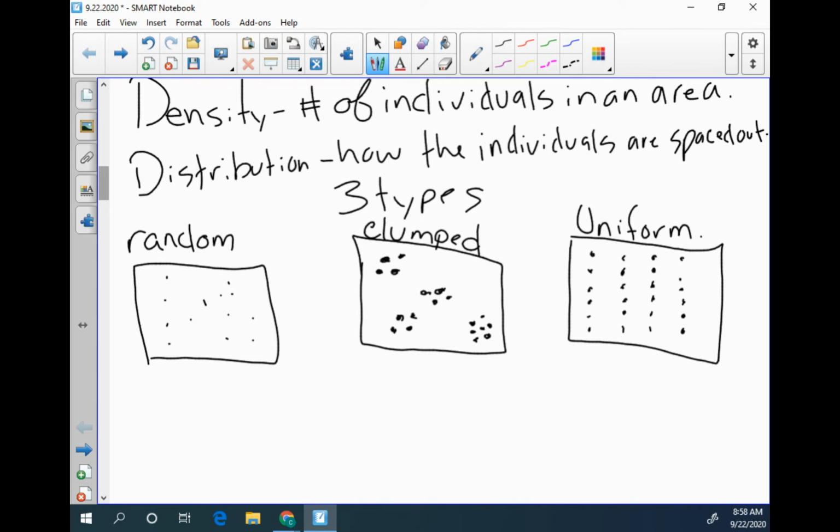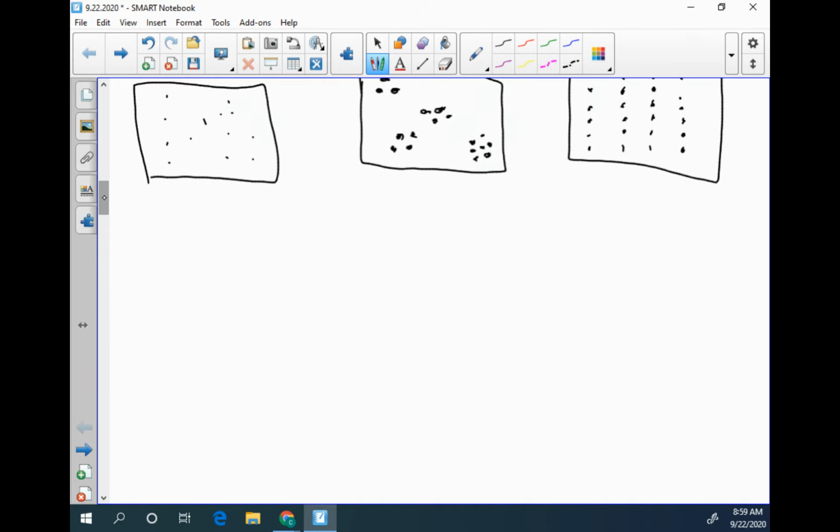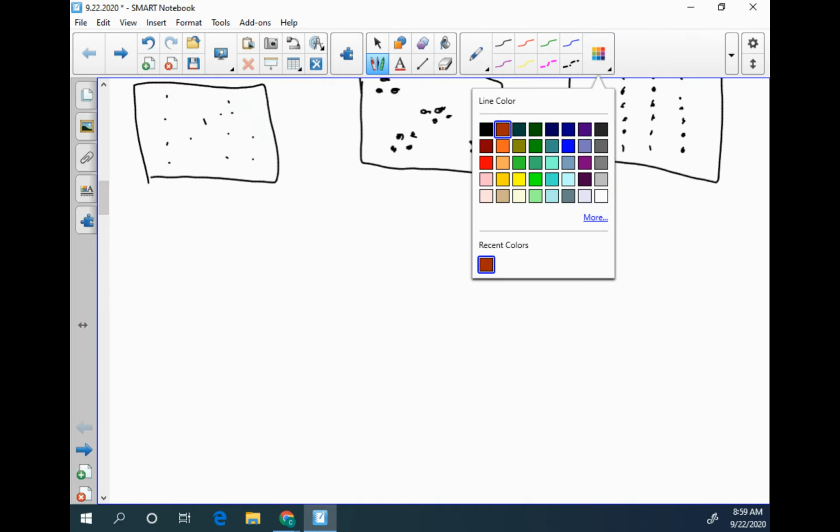Any questions about the different types of density distribution? Okay, so next we're going to move on to age structure. Age structure is another way scientists can classify populations.